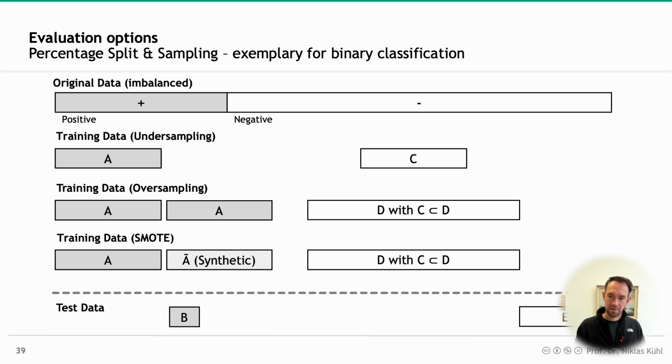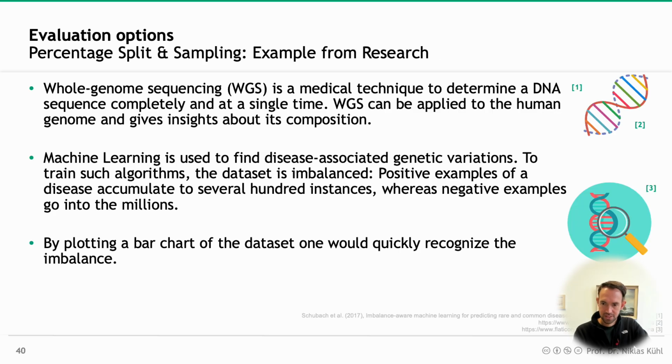And coming back to a problem I posed in the last lecture, the whole genome sequencing, we can now answer this question. Again, remember, we have DNA information, a very high P, very, very many features. And now we have the issue that the model will not learn because the positive examples are a few hundred, whereas the negative examples of this rare disease are millions of data.